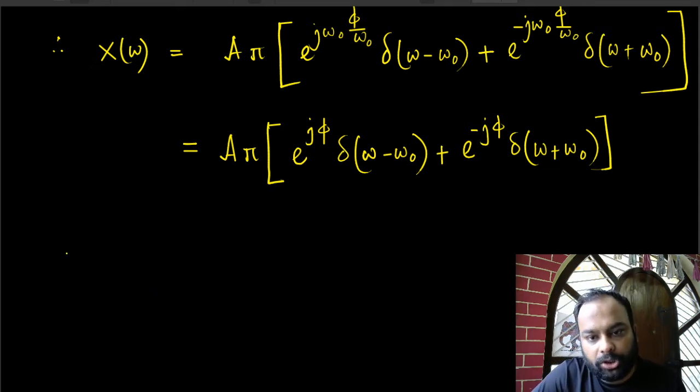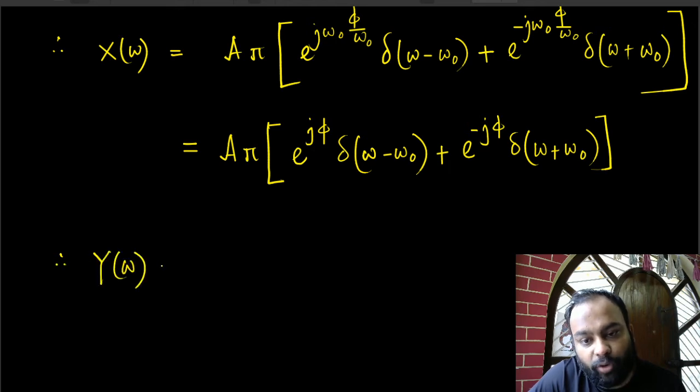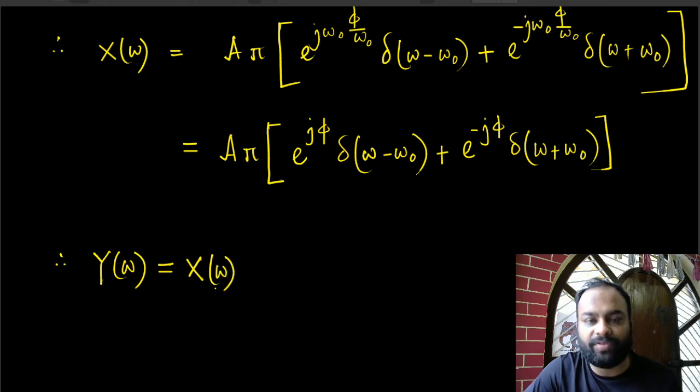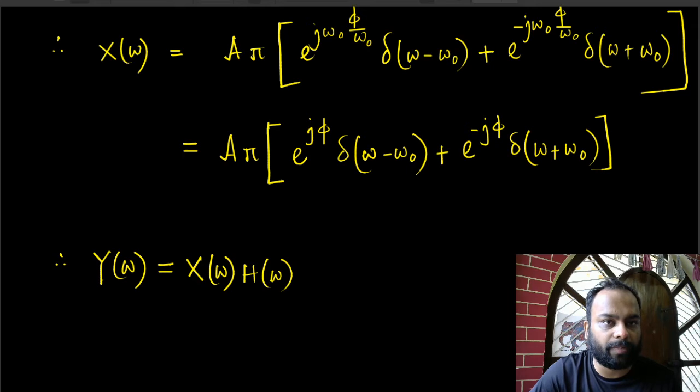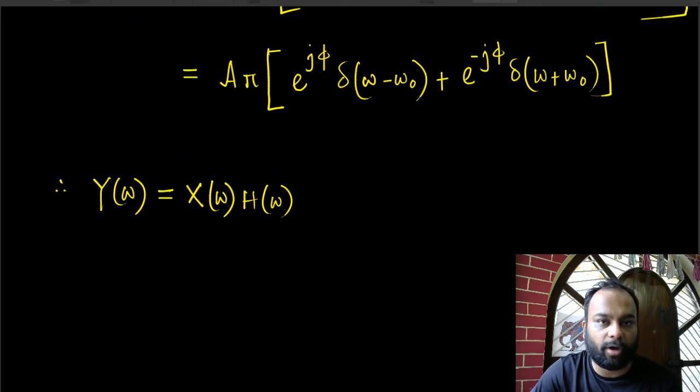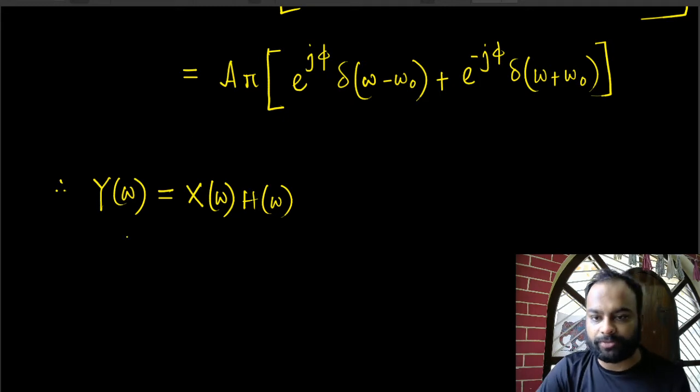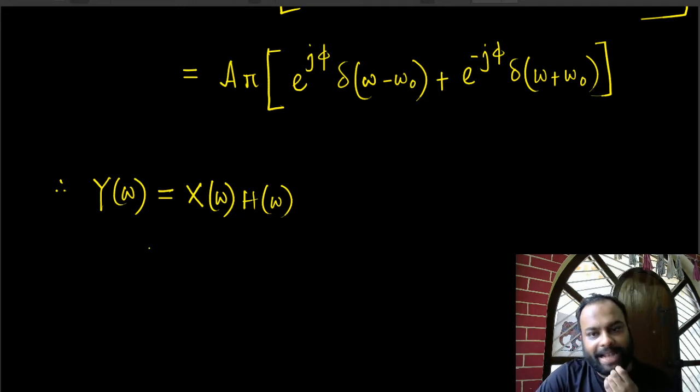So with that said, what is the output? What is the Fourier transform of the output? The Fourier transform of the output is the product of the Fourier transform of the input with the Fourier transform of the impulse response. Of course, this is the Fourier transform of h(t), the impulse response, right? So let's do that.